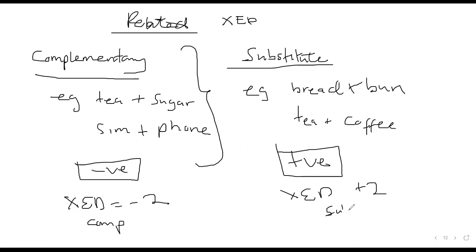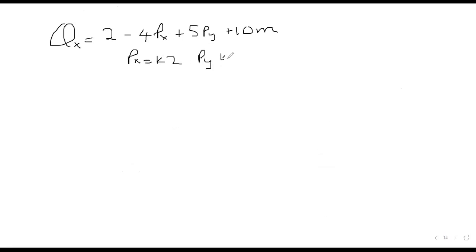A substitute good. So sometimes you'll be given a multilinear equation where you're told that suppose the demand equation is given by 2 minus 4px plus 5py plus 10m, and we are told that the price of x is 2 kwacha, the price of y is 3 kwacha, and the income is 5 kwacha.